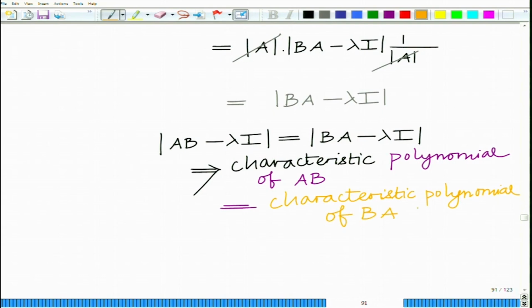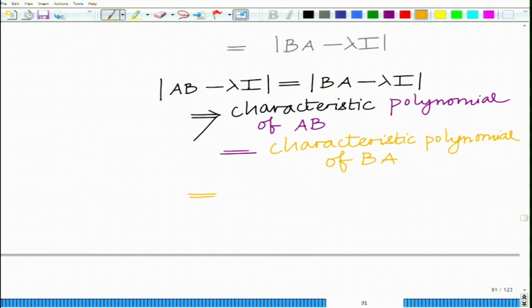Okay, the characteristic polynomial of AB equals the characteristic polynomial of BA.